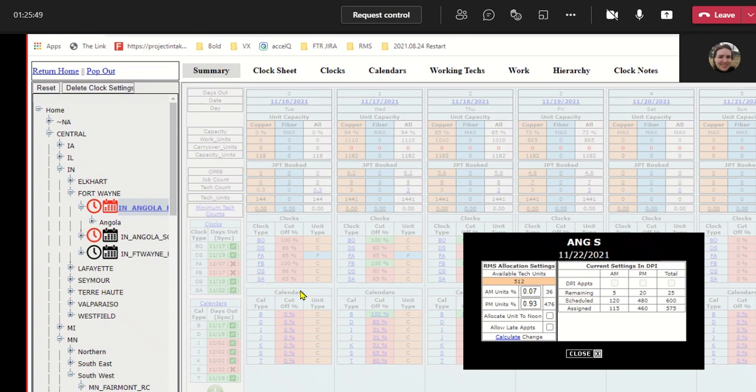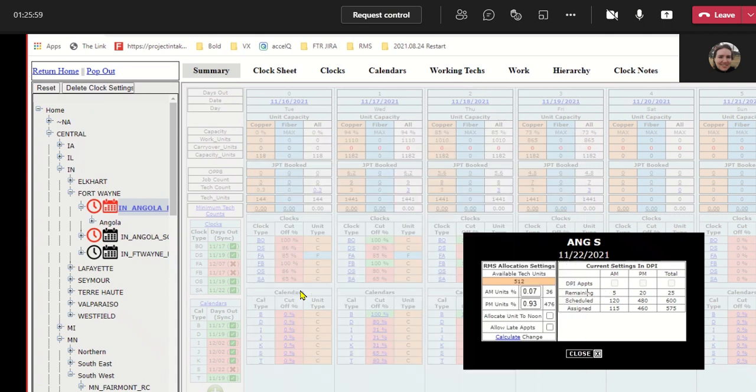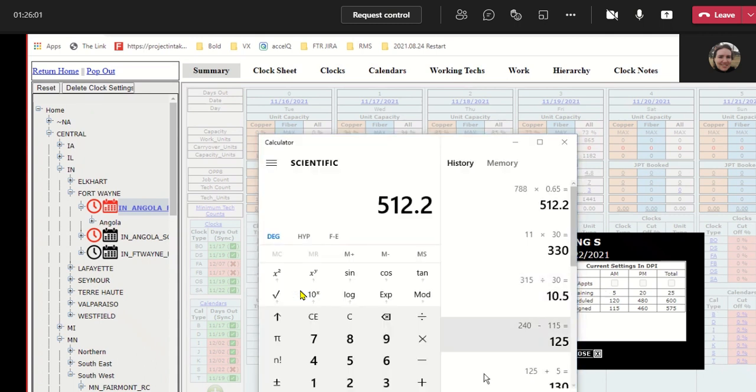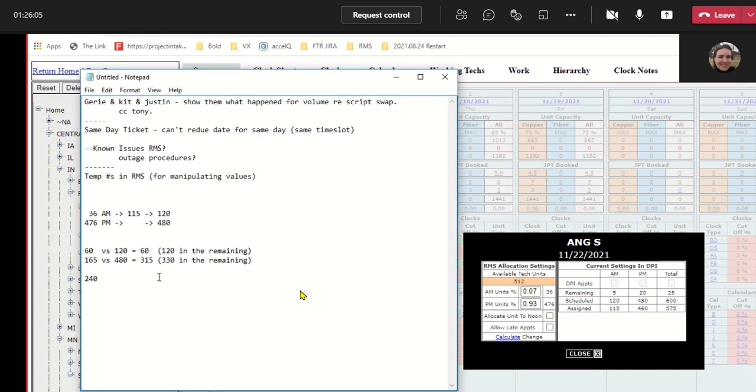I'm only at 29% for the day, so I should have another 36%. Yeah. But I don't. The remainders are very low. Oh, okay.